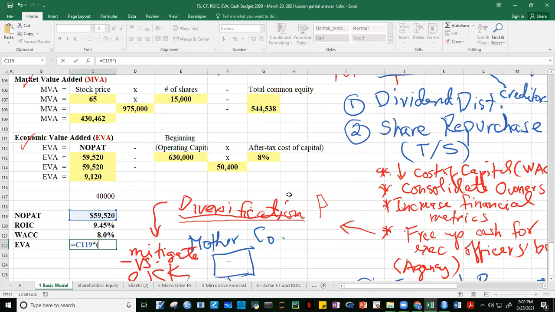So we net it: 9.45% minus this cost of capital. So, we know the NOPAT, but not all of that can we credit, no?